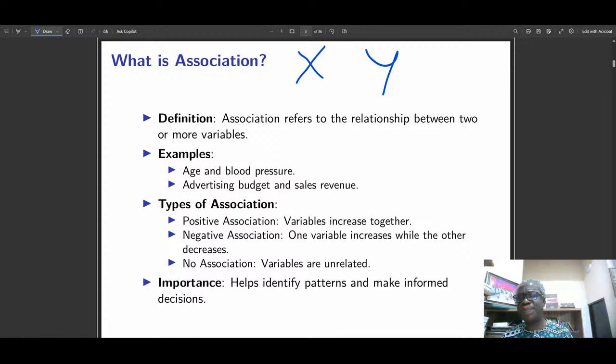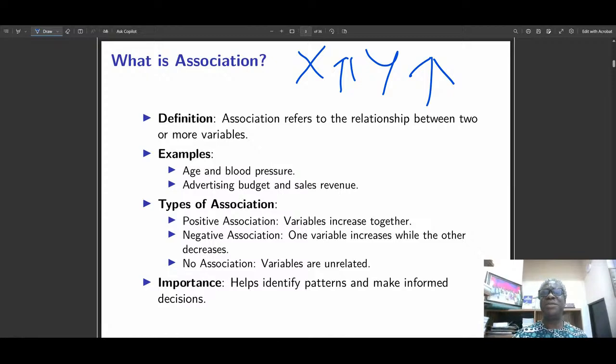For positive, if the variables are moving in the same direction, x is increasing, y is increasing, both are moving in the same direction.